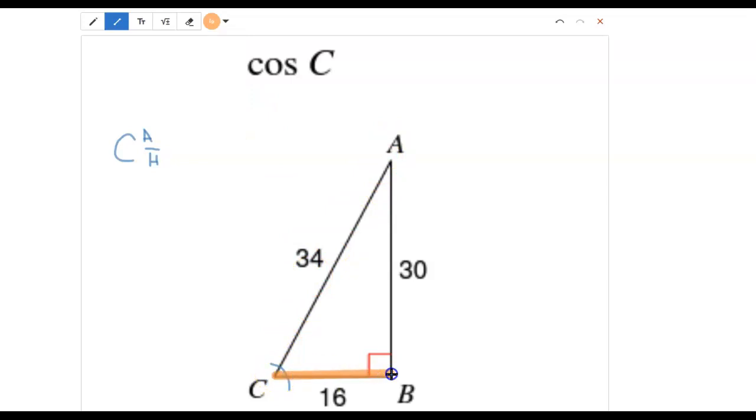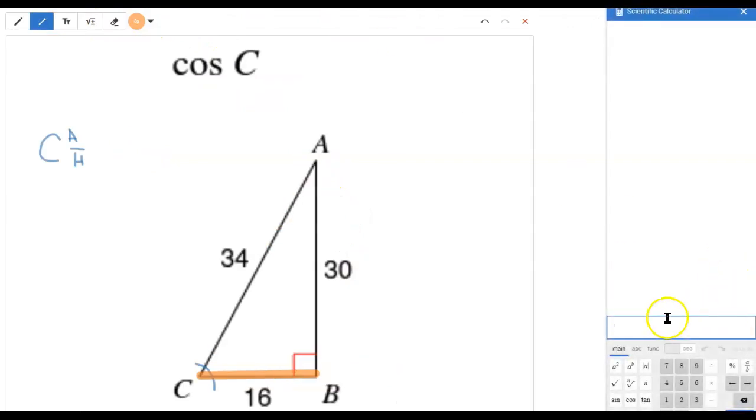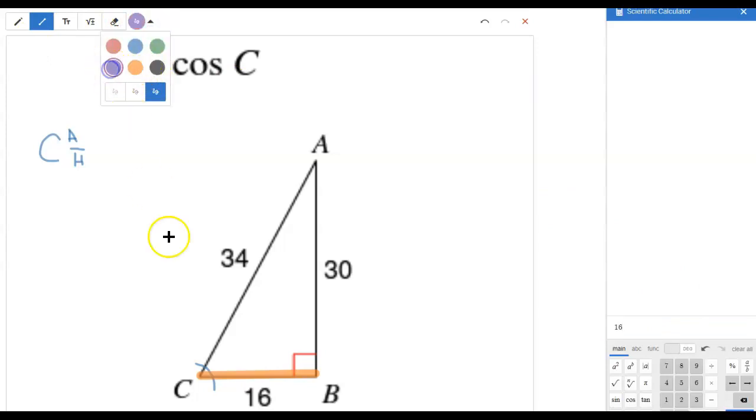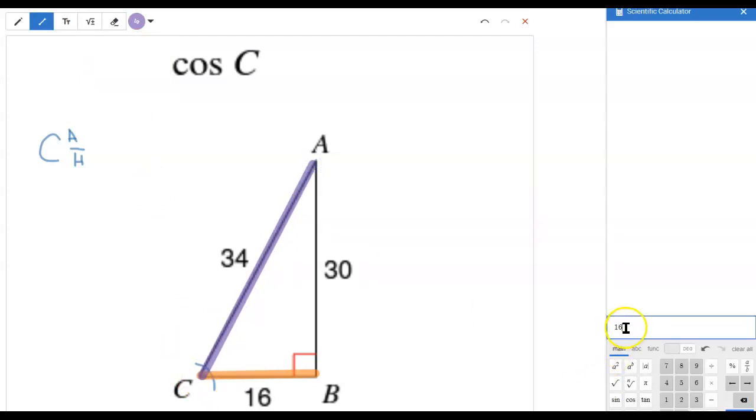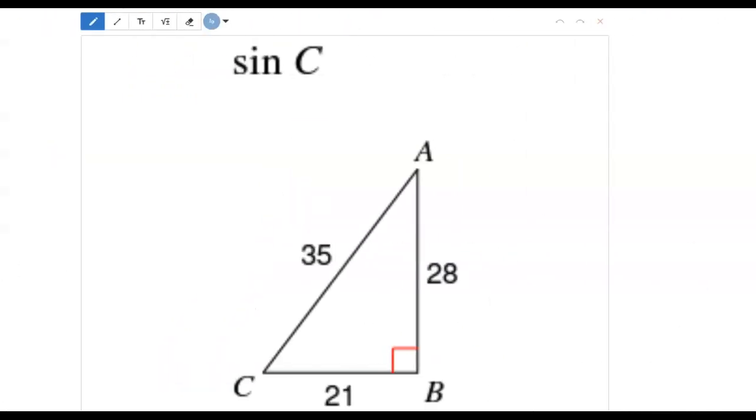We want this adjacent side. So in our calculator, we're going to do 16, and then we want our hypotenuse. So this is going to be our hypotenuse. We want 34. It looks like that comes out to about 0.47 for our cosine here.